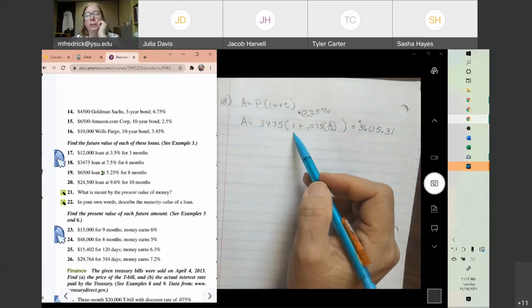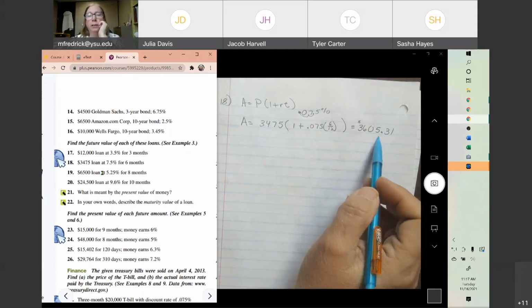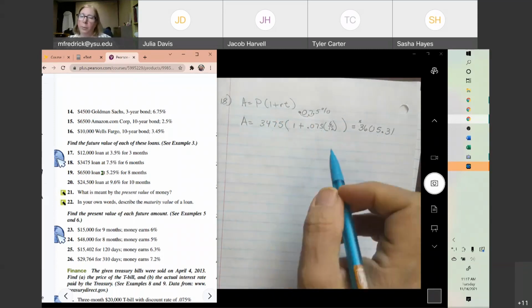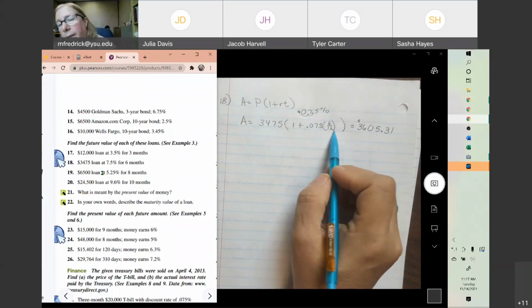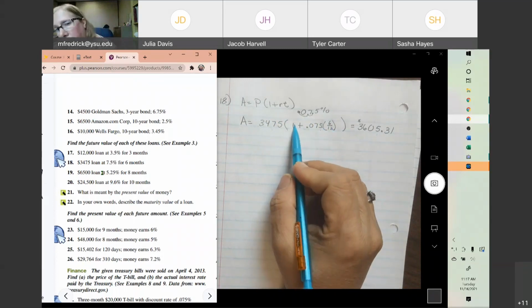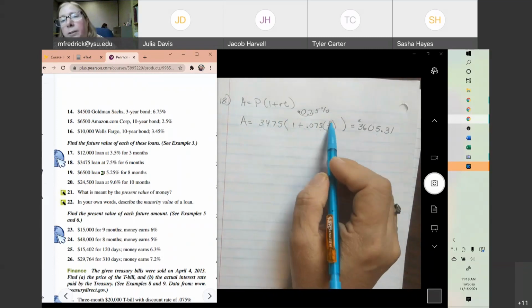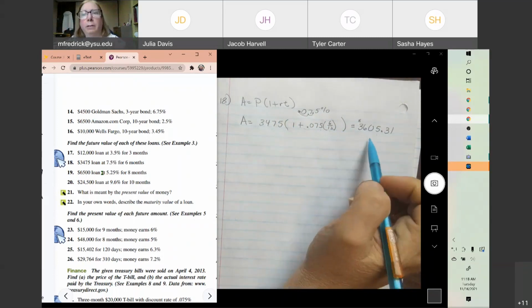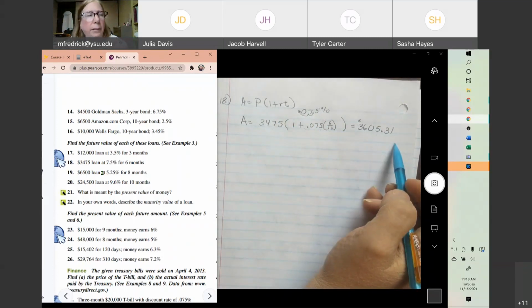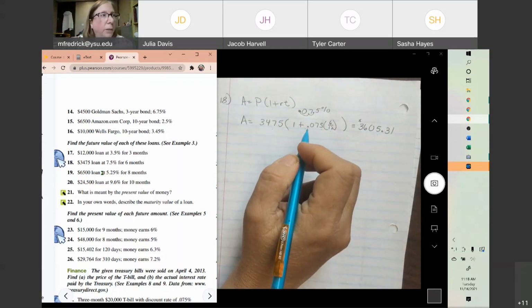And you would just plug this into your calculator. And you should get this. Now, if you have to do it in parts in your calculator, you need to multiply first and hit enter, then add the 1 and hit enter, and then multiply by this. So you have to do the parentheses first. And is everyone getting 3,605 and 31 cents? Any questions?